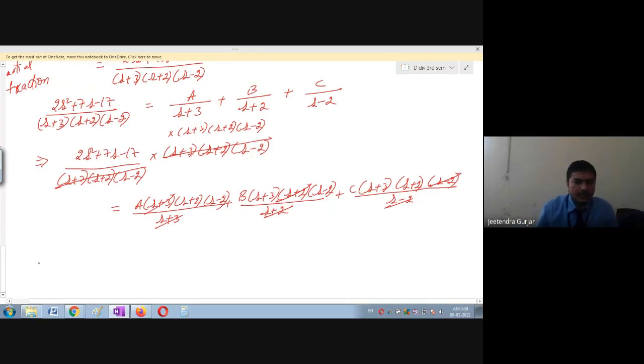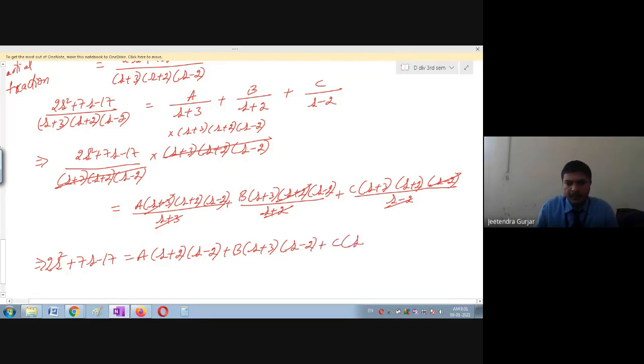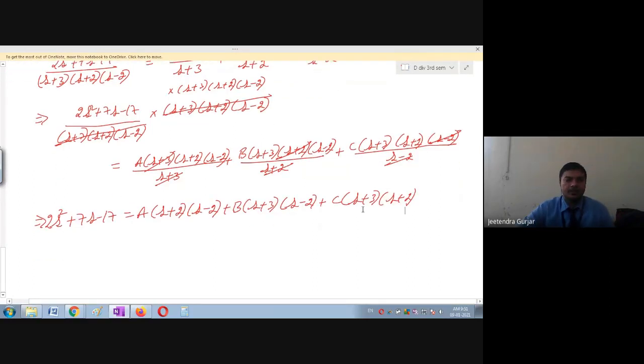Therefore, this is going to become 2s square plus 7s minus 17 is equal to A into, please students solve A, B and C and tell me the answers. Please try this, students. Okay, plus C into s plus 3 and s plus 2. So this is the equation we get, right?